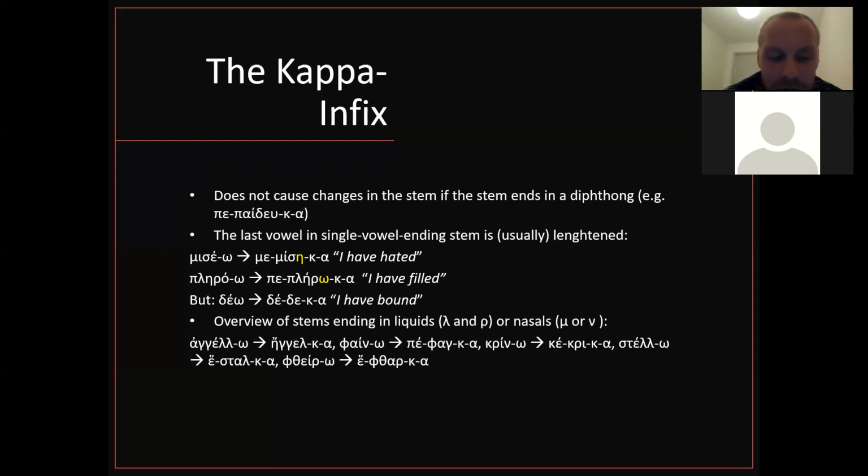However, if the root of the verb ends in a single vowel, this stem-ending vowel is usually, but not always, lengthened. That is before the perfect kappa infix, as we can see in the verb miseo, I hate, the active indicative perfect form of which is memiseka, as well as in plero, I fill, which becomes pepleroka in the active perfect.